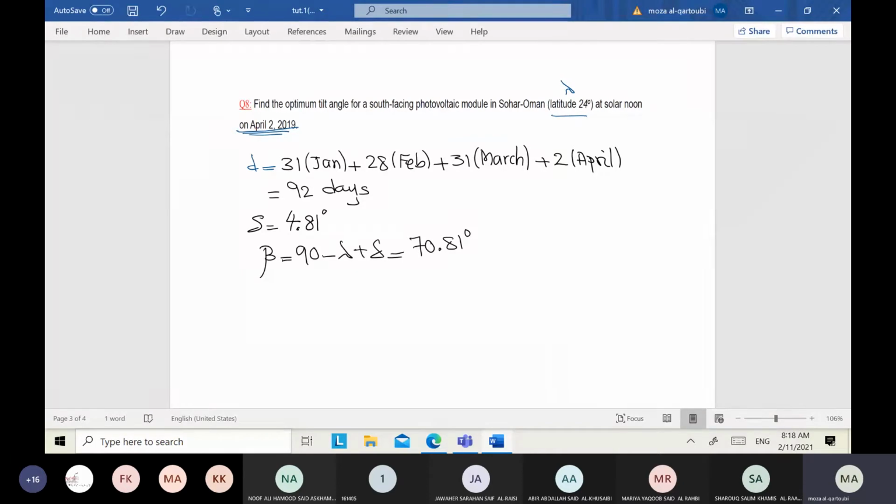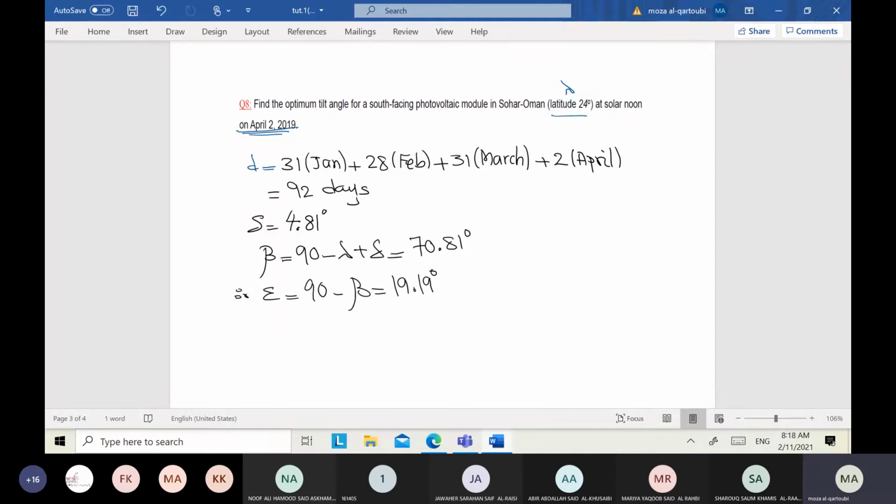So the tilt angle will be 90 minus beta, which equals 19.19 degrees. Yes, 19.19 degrees. Clear? We can solve it the same as question number 5. Okay?